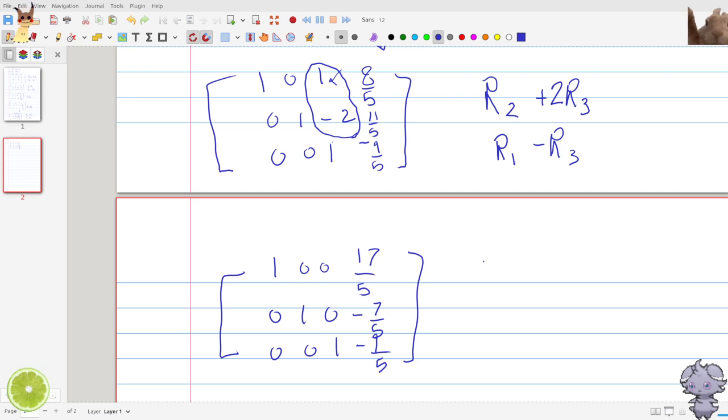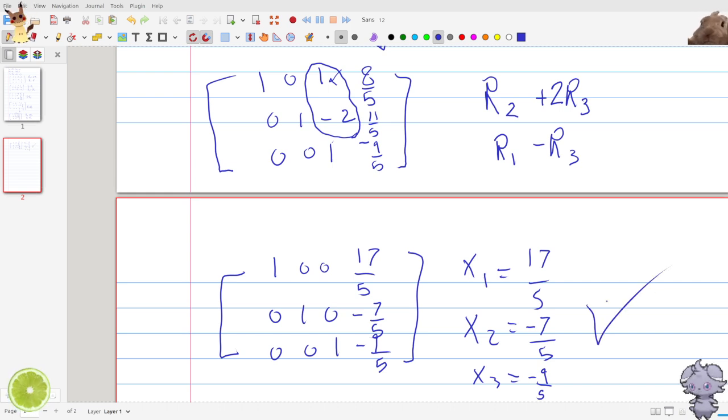And from here we instantly get our solution. For x1 it is simply 17/5, for x2 it's simply minus 7/5, and for x3 it's minus 9/5, and that's our solution. We solved it.